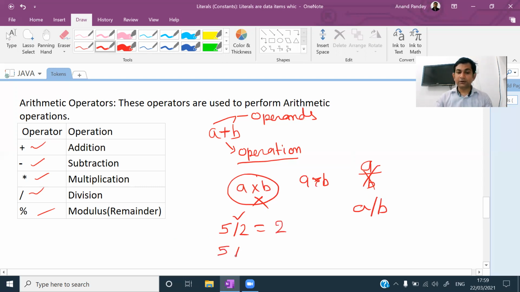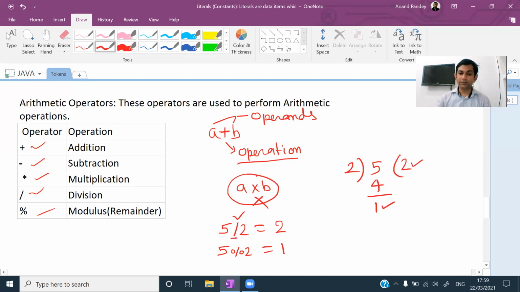If you are using the modulus operator, this percentage symbol, it will return the remainder. So if we divide 5 by 2, the remainder will be 1. Let me show you. This is not magic. If you divide 5 by 2, the quotient will be 2 and the remainder will be 1. So the division operator returns the quotient, and the modulus operator returns the remainder.